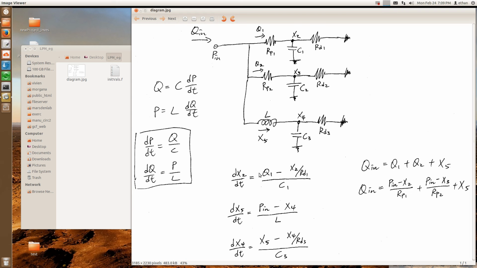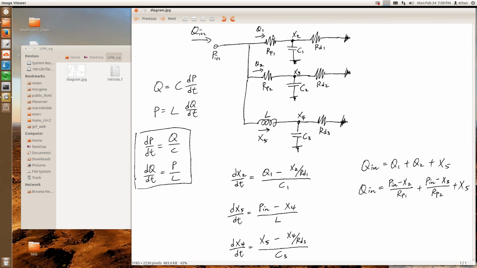This expression is the flow going into the capacitor divided by the capacitance. Here's our capacitance, and this expression tells you what the flow is going into the capacitor. Your capacitor is here, your Q1 is going this way, and the flow going into the capacitor is this flow.